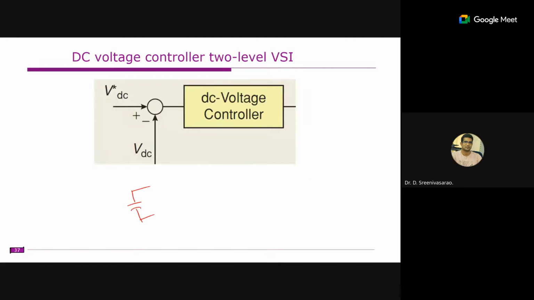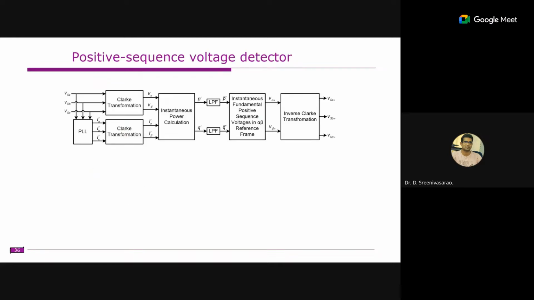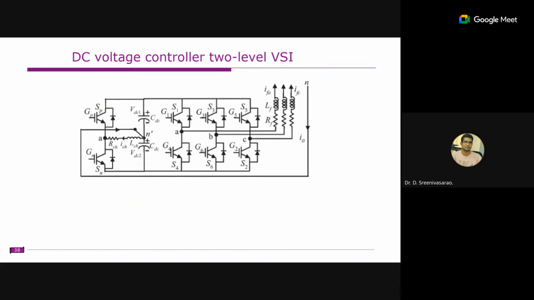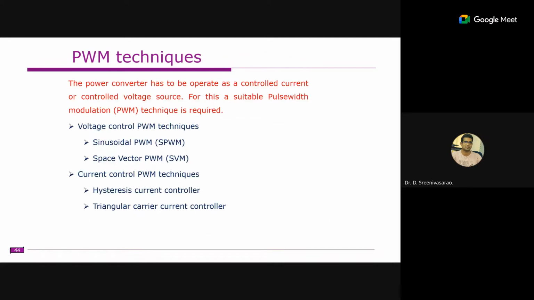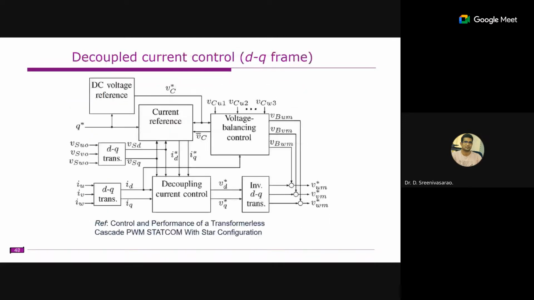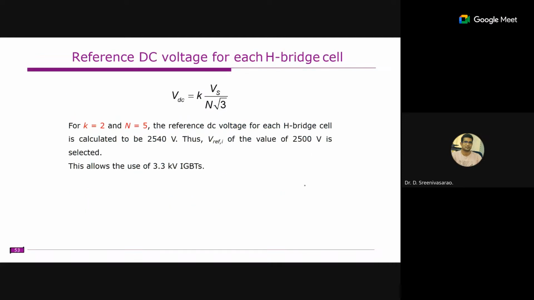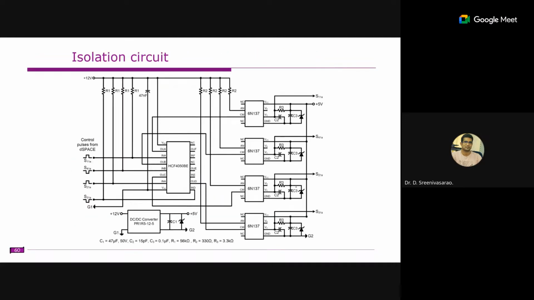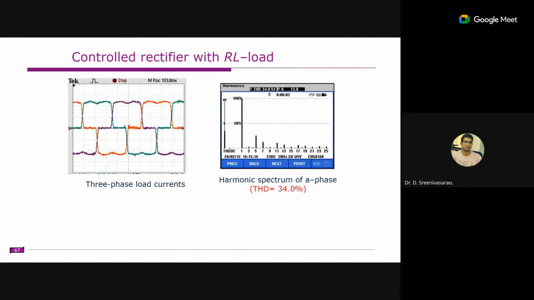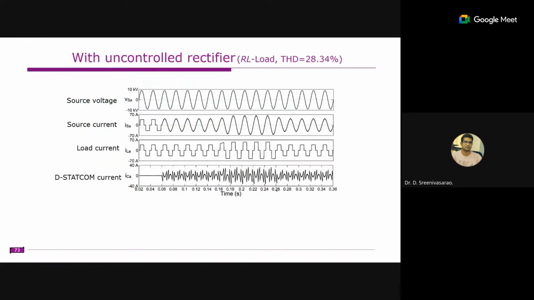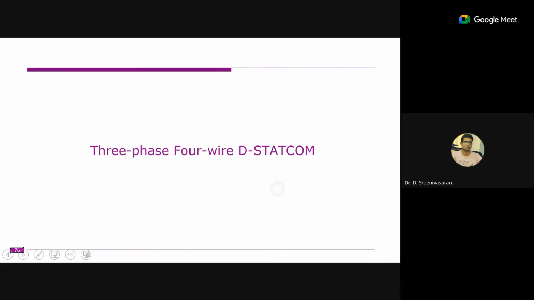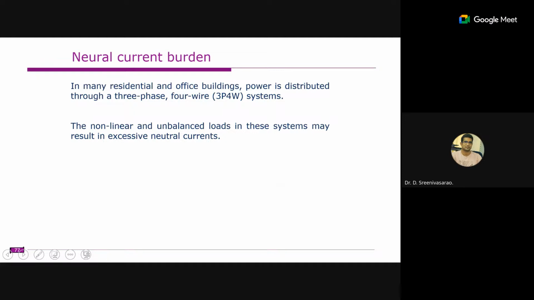So now we will see what the additional things are, or what the next step is, if you want to compensate the unbalance, which is very common nowadays because of computer loads and all these things.